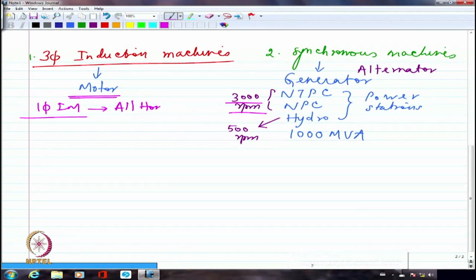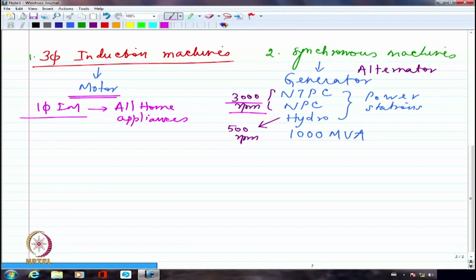Right? But for these single-phase induction motors, nobody cares about their design, because they all actually work at fractional kilowatt. Maybe 20 watts, 30 watts, maybe at the most 300 watts. So nobody really cares too much about their efficiency and design, because even if it is working at 30% or 40% efficiency, it's okay.